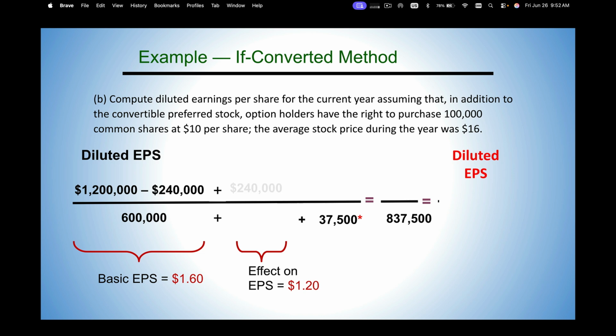Now, here's an example, same thing, but in addition to the convertible preferred, we have option holders who have the right to purchase 100,000 shares of common stock at $10 per share when the average stock price during the year was $16. Now we're going to assume that we take the proceeds of the exercise, that is 100,000 times $10 per share.